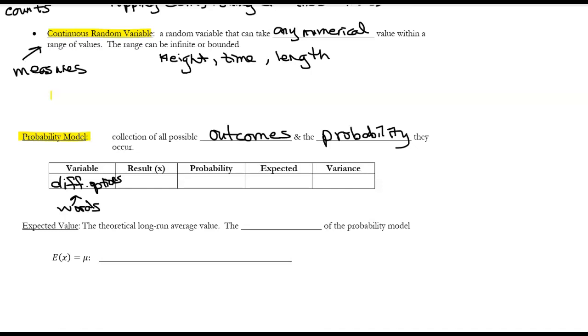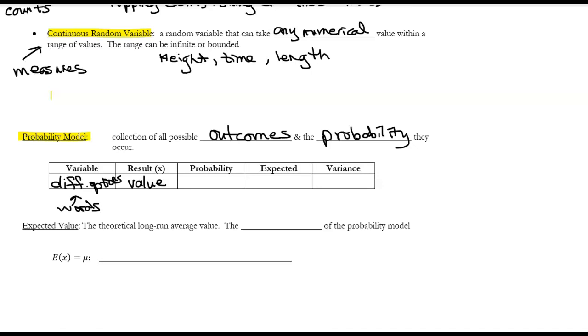The result is usually what the value is, and a lot of times it's going to be point values or dollar values. It's like shooting a basket: a 3-pointer's worth 3 points, a 2-pointer's worth 2 points, a free throw's worth 1 point. That's the result.